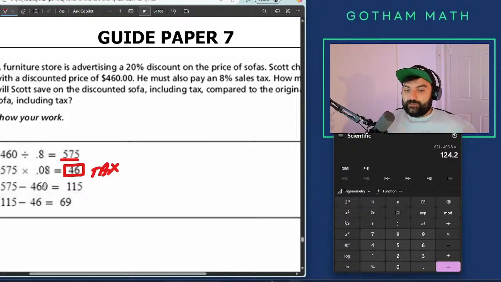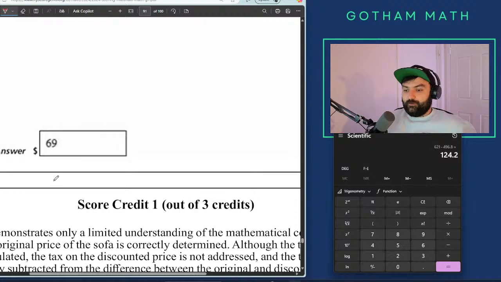Forgot to find the tax of the new price. Oh, right? Yeah. And just subtracted the new price without a tax from the original price, and then subtracted the tax from the remainder, which also makes no difference. That's why this is very, very far away from the correct answer. Definitely a 1. Definitely a 1.